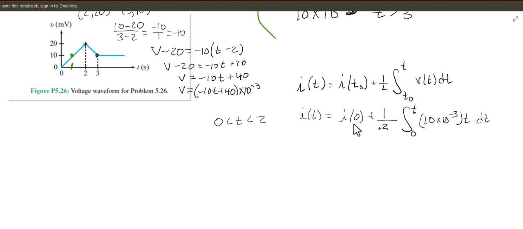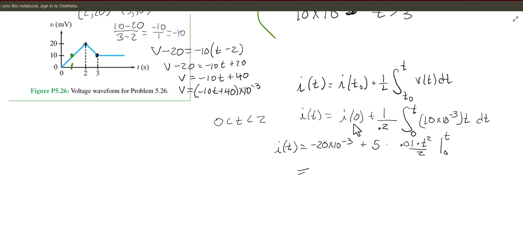Okay, so we were told in the problem that I of 0 was negative 20 milliamps, so this is negative 20 times 10 to the negative 3. 1 over 0.2 is 5. And then 10 times 10 to the negative 3 is 0.01. So this is 0.01. And then when I integrate, I get t squared over 2 from 0 to t.